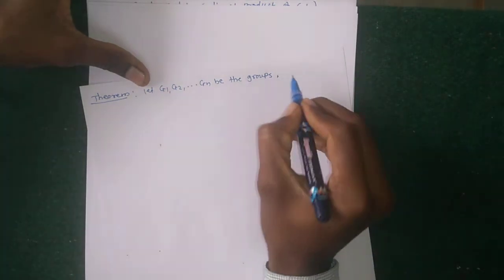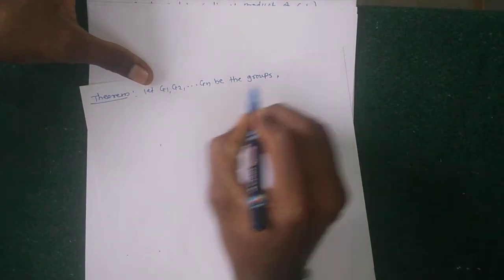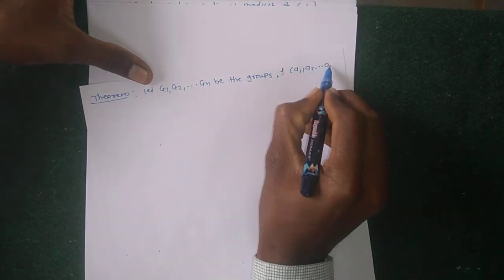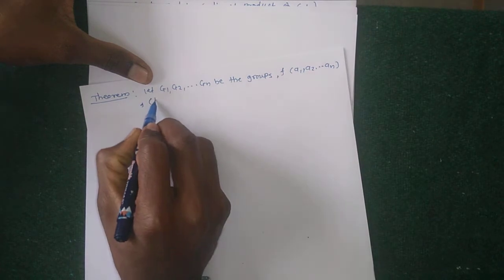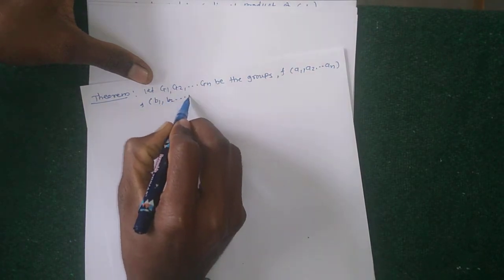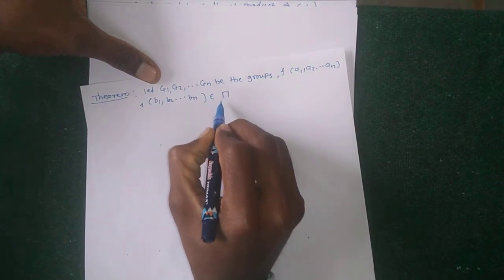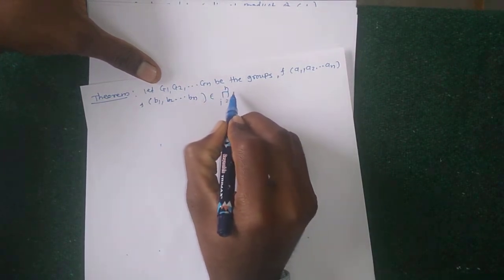and elements of these groups of the form A1, A2, up to An and B1, B2, up to Bn belong to the product of Gi, i from 1 to n.